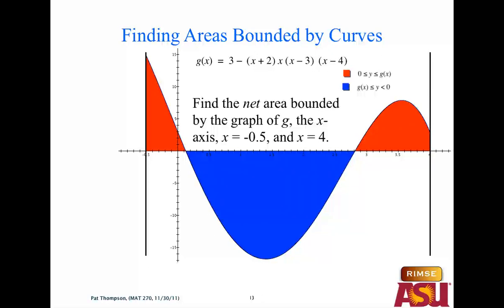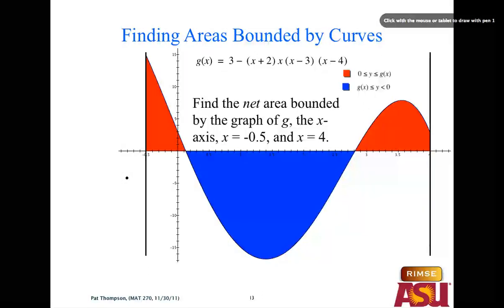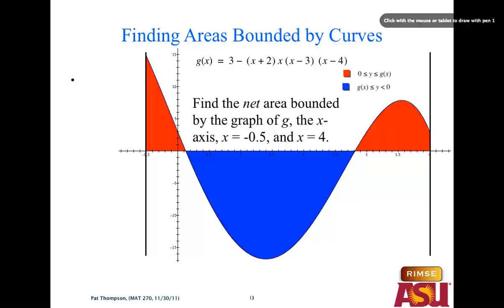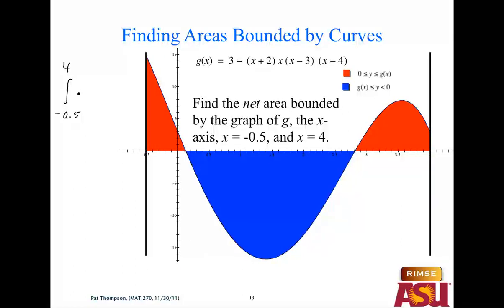So instead of answering that question, let's write the integral and ask what the integral calculates and then relate it to our question. So let's write this integral from negative 0.5 to 4 of g of x dx.